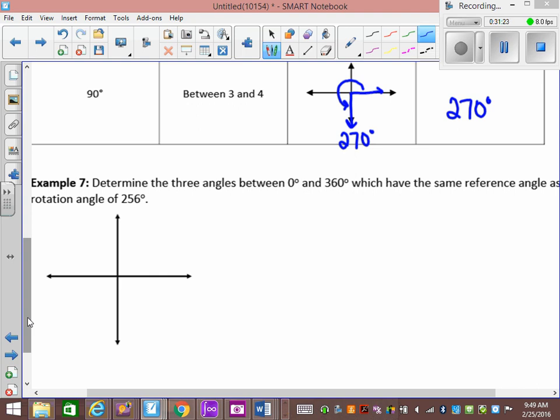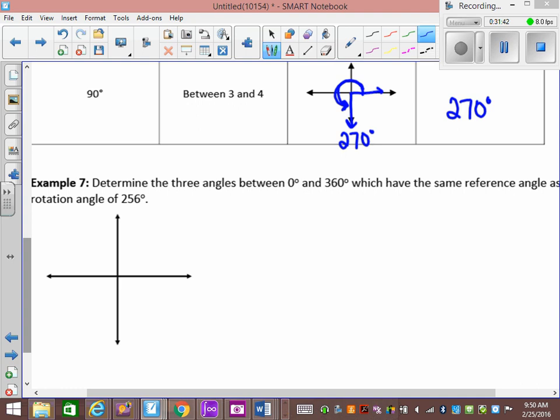Yeah, but 90 from the x is here or here, which is 270. The actual angle is 270. Alrighty.